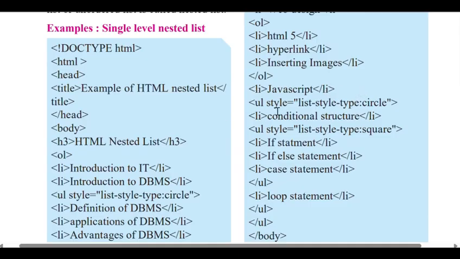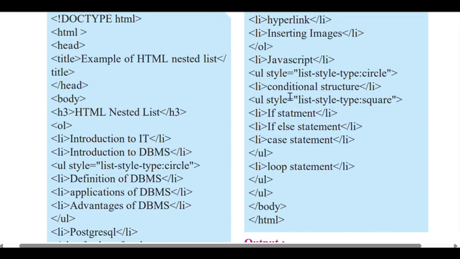Still the UL tag is open. List, JavaScript, list close. Now we are using an unordered list tag under the list: UL style equal to list-style-type equal to circle. Now conditional structure, this will come in circle. UL style equal to list-style-type square.